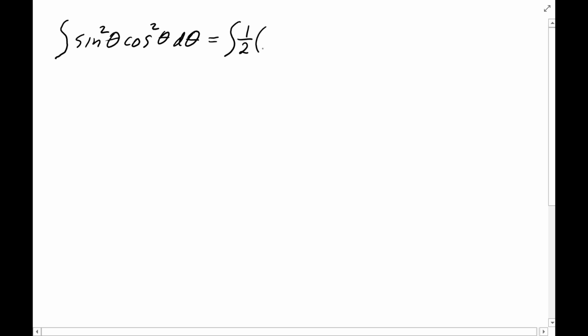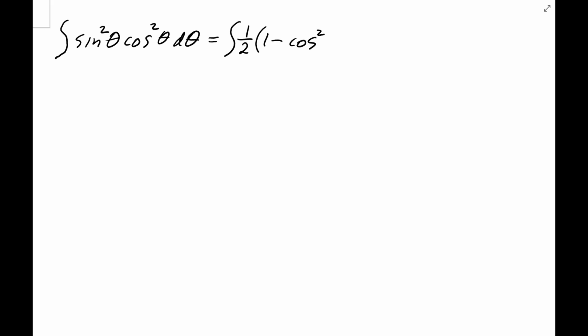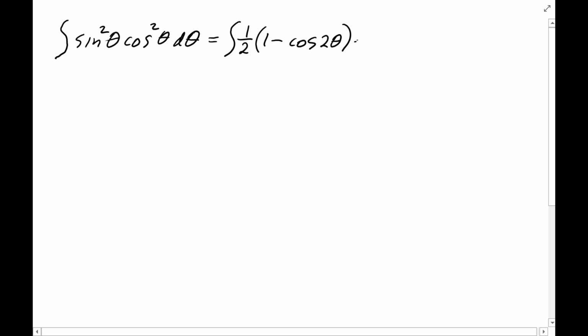The sine squared theta gets replaced with 1/2 times 1 minus cosine, not cosine squared, just cosine of 2 theta. And the cosine squared theta gets replaced with 1/2 times 1 plus the cosine of 2 theta.